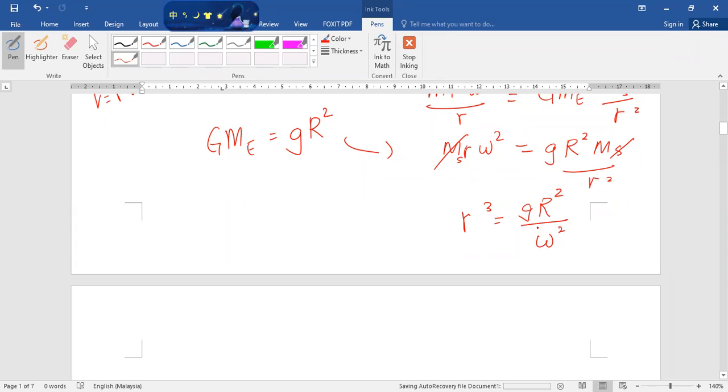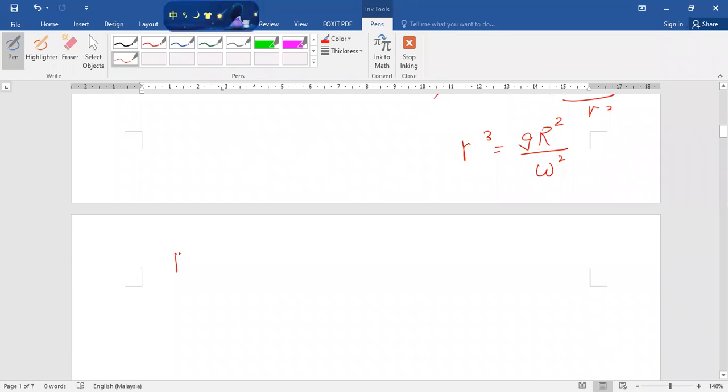So from here, r cubed is equal to g, which is 9.81, times the radius of the Earth, which is 6.38 times 10 to the power 6, squared, over the angular velocity.